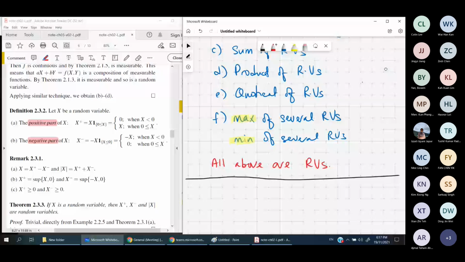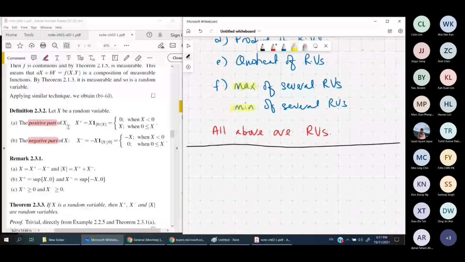So mathematically, the positive part of X, we denote by X plus, will be X multiplied by the indicator function corresponding to the set where X is greater than 0. If you express it, it will be 0 whenever X is less than 0, and equal to X whenever X is greater or equal to 0.